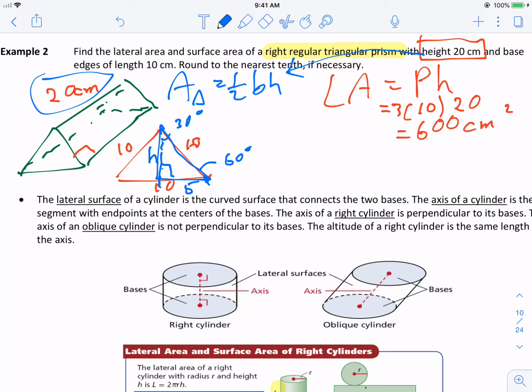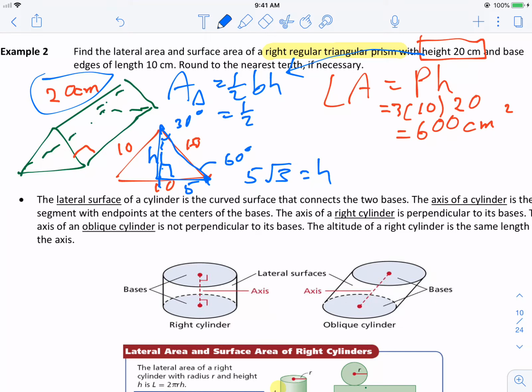So if we're good with our 30, 60, 90 ratios, this height calculation is very easy. We have our shortest side across from our smallest angle, the 30-degree angle, so that's 5. So our medium side is the height that we're interested in. We know that this is going to be 5√3 for our height.